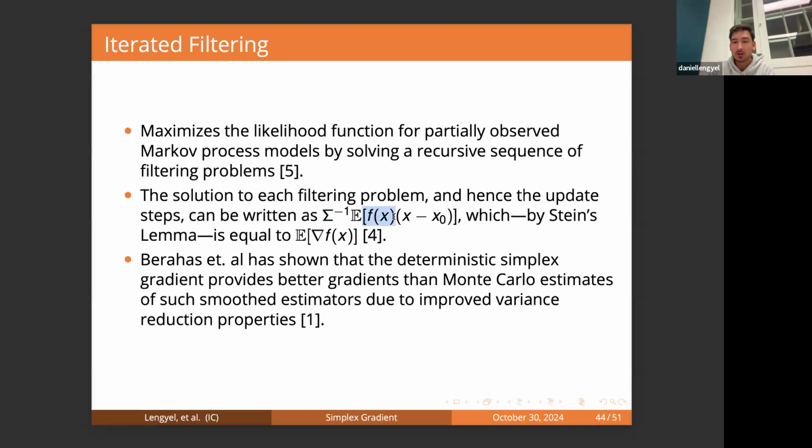And this is our S transpose delta F. The delta F disappeared here because we assume a symmetric distribution. So even though we didn't think of it that way, if you look at this likelihood maximization problem in iterated filtering, the form looks very complicated and difficult to parse. But then it turns out the simplex gradient is right in there. It just uses the particles that you evolve over time to estimate the update step.